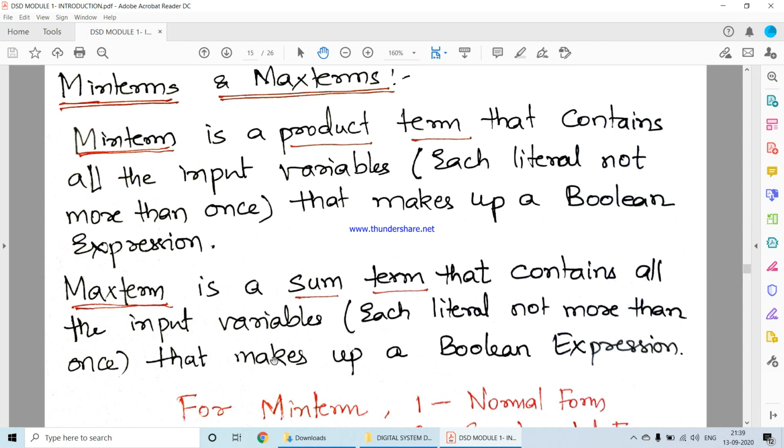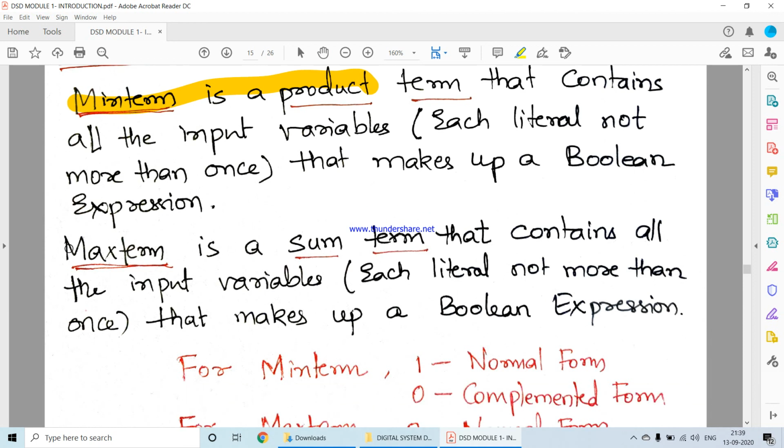Now you need to convert this AB plus BC plus CA into a standard expression where all these three terms also have three variables together. That is what the min term is. Min term is a product term that contains all the input variables that make up a Boolean expression. So that is what the min term is all about.